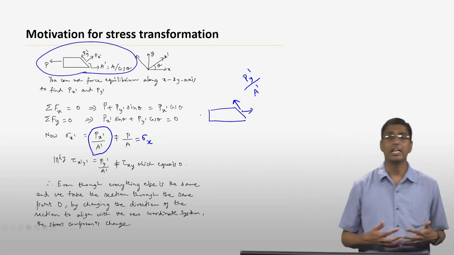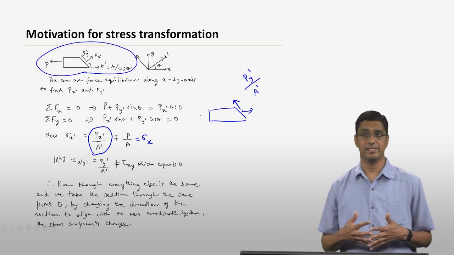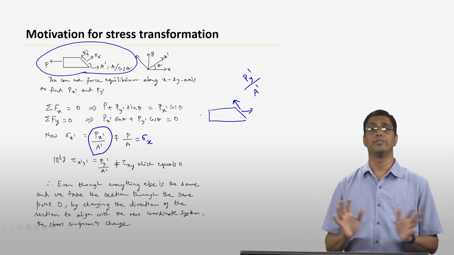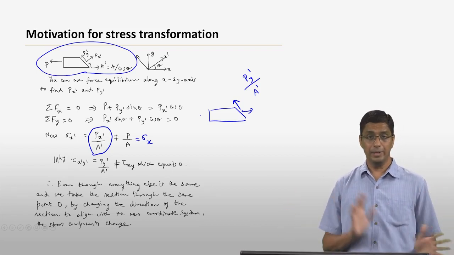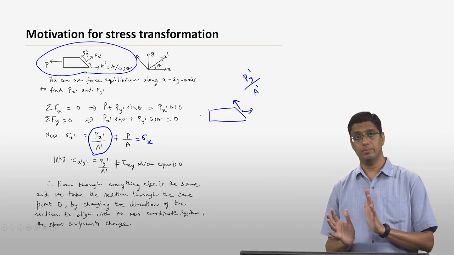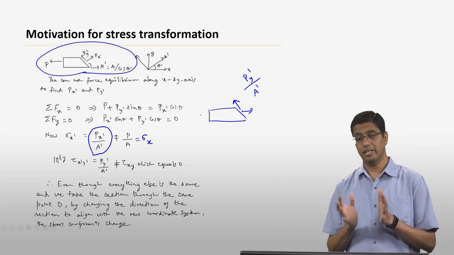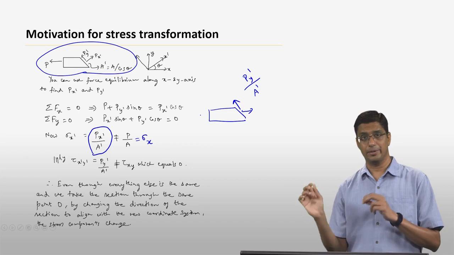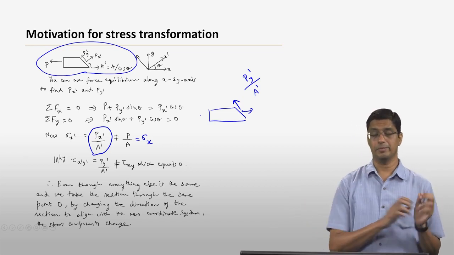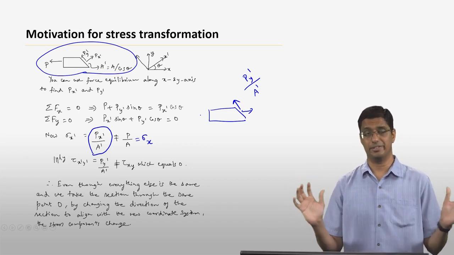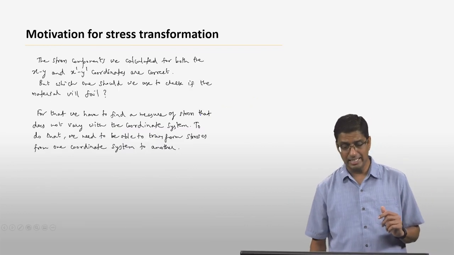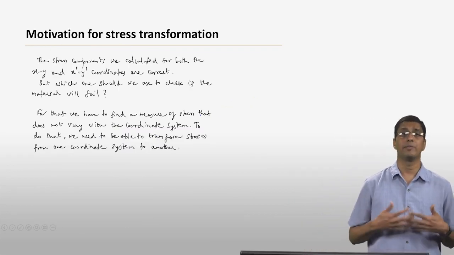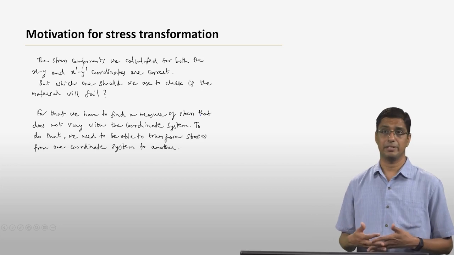So we essentially need to come up with a measure of stress that is independent of these coordinate systems. For doing that, we need to be able to transform stresses from this arbitrary coordinate system to specific coordinate systems where things are invariant, things don't change. That is the main reason why we want to come up with this idea of stress transformations.